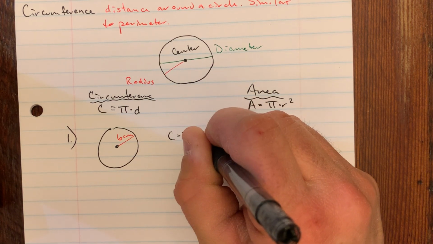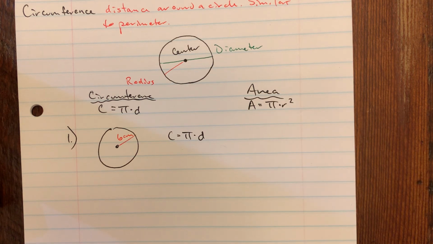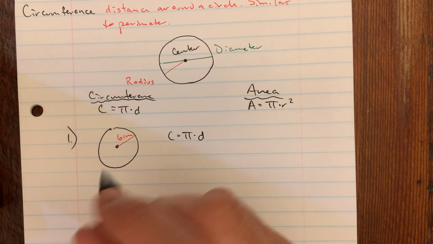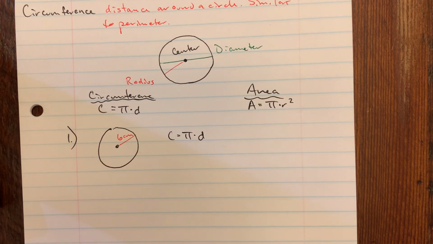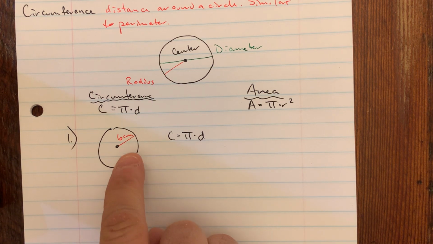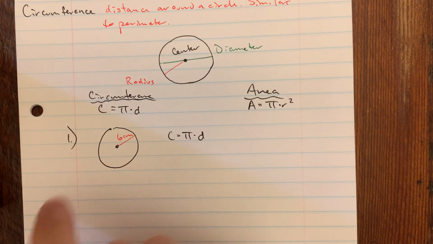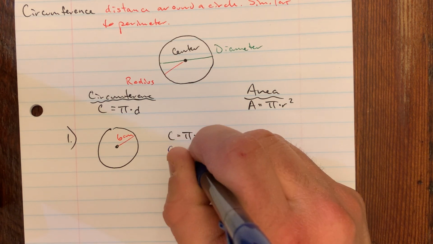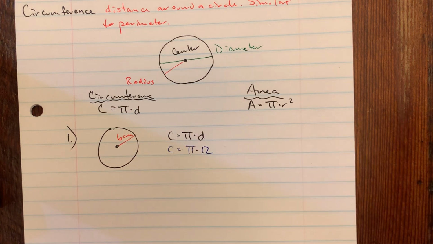So circumference is pi times D. So I'm going to plug in the diameter. Well, they don't give me the diameter, they give me the radius. So the diameter is double the radius. So we'll just turn this to circumference equals pi times 12, because twice 6 is 12.